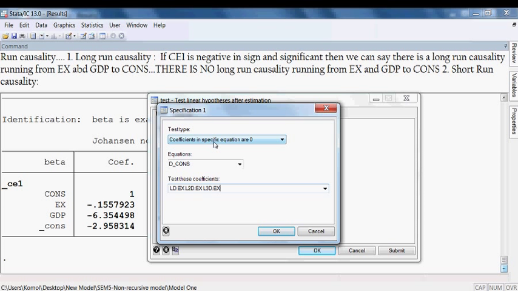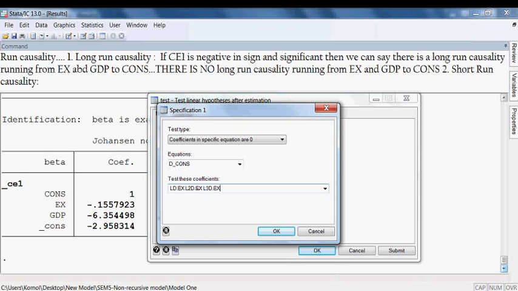And coefficient in specific equation are 0, meaning that that is the null hypothesis that all these three variables are 0, right? That is, lag 1 EX, lag 2 EX and lag 3 EX actually are 0. So that is the null hypothesis.